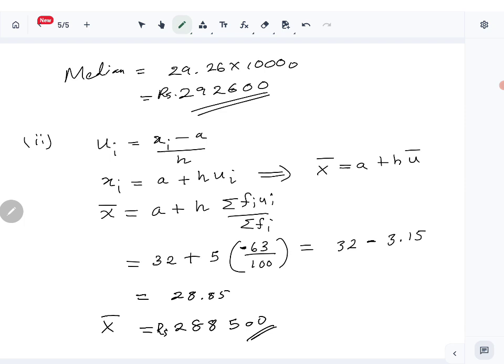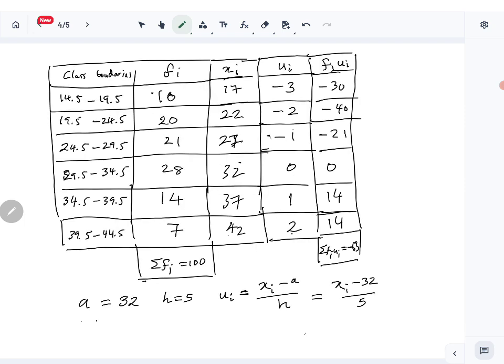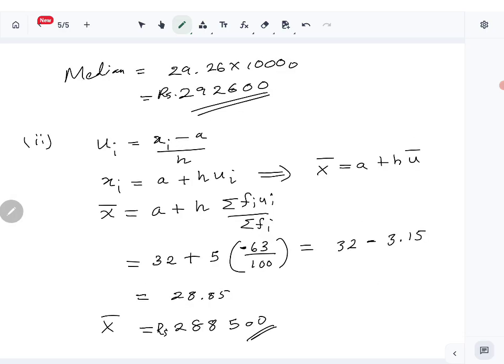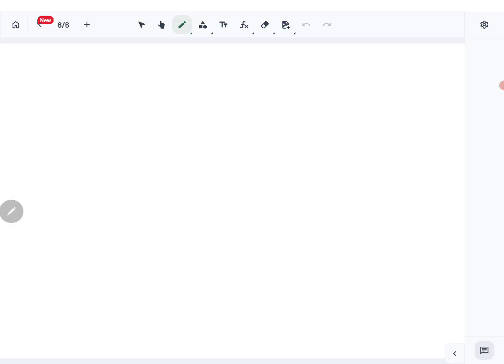Right. So then what is part 3? Show that the standard deviation for deposit, correct to one decimal place, is 69,500. So we have to find the standard deviation. Let's use this relationship: xi is equal to a plus h ui.